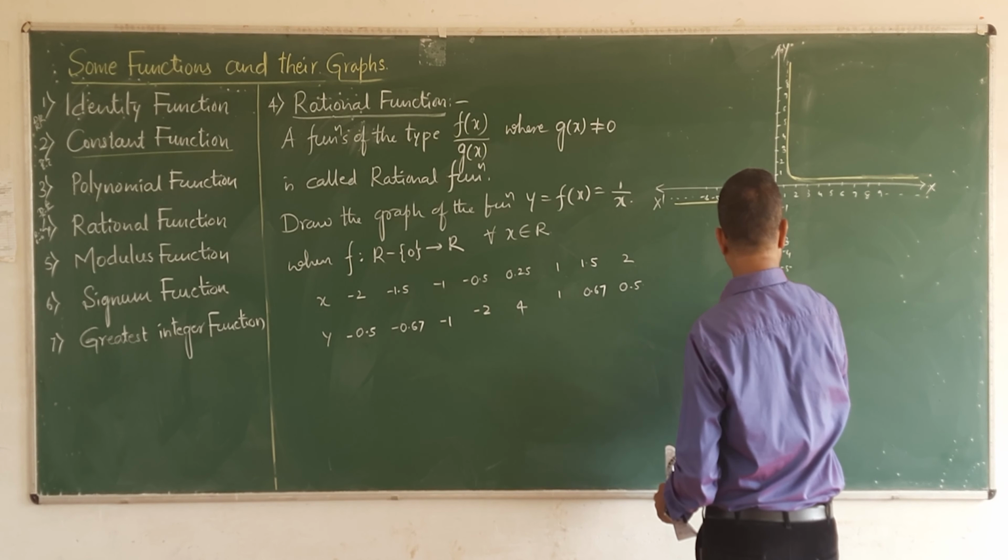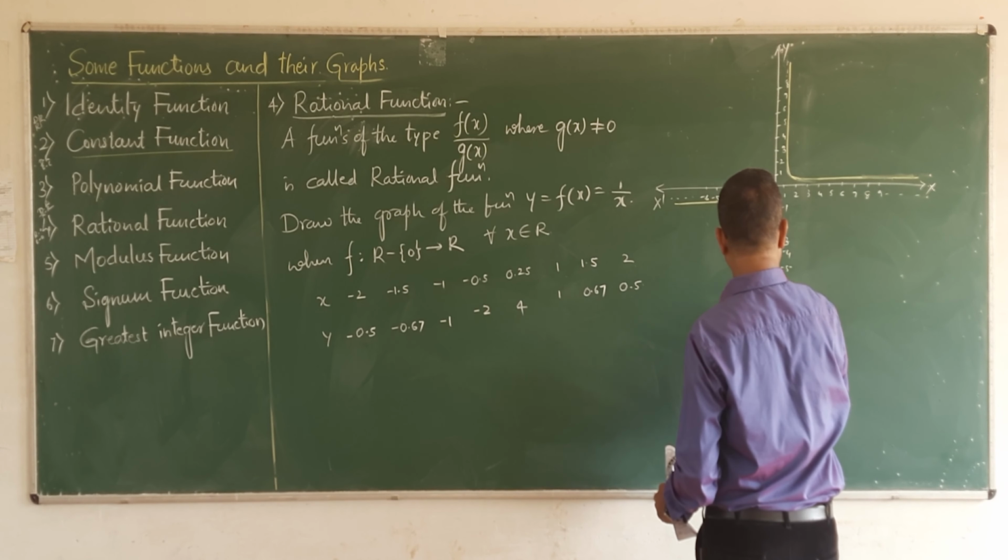Next, type number 5. What is that? Modulus function. You know the definition of modulus function. In the first class, we discussed the basic concepts. So, define modulus function. Remember, a function f from R to R is defined by f of x is equal to mod x.